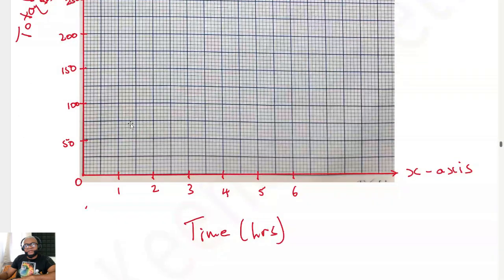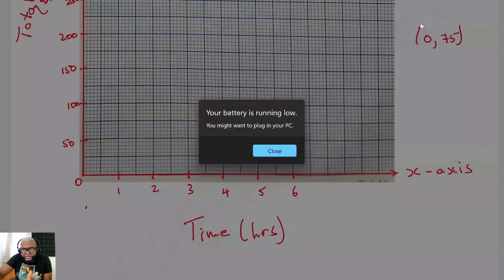I know the first coordinate was 0, 75, right? So where would 0, 75 be, Kaylee? If I want to plot this point, 0, 75, it's 0 on which axis? The first number is which axis?